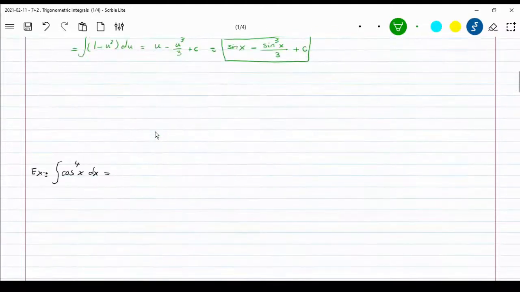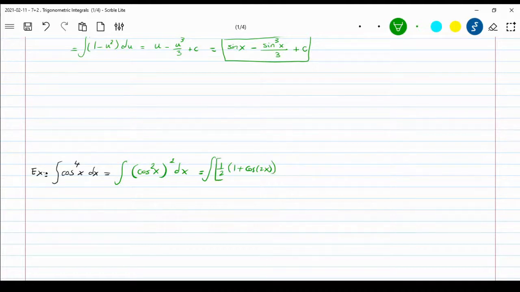So what I'm going to do is write this as the integral of cosine squared x to the power 2. That's the same as cosine to the 4th power. And what I know is cosine squared is simply 1/2 times 1 plus cosine 2x, and this whole thing is to the 2nd power.